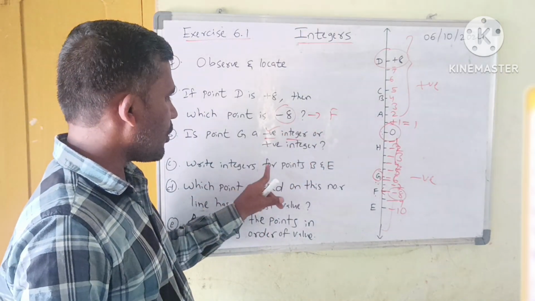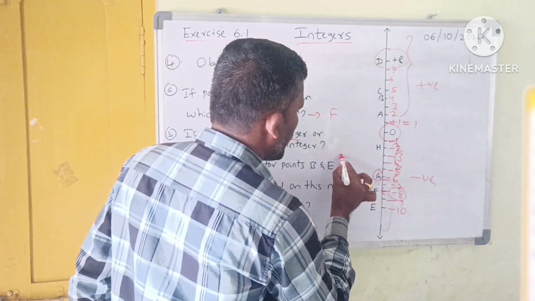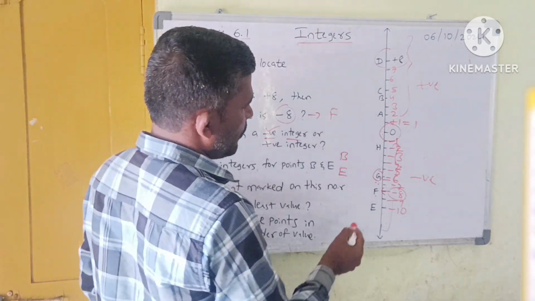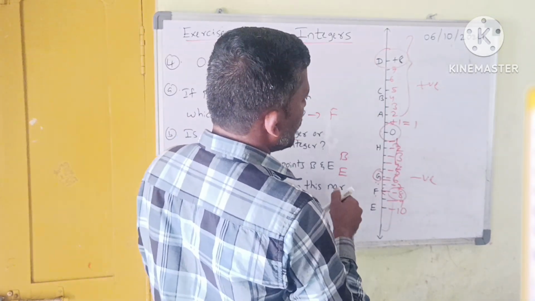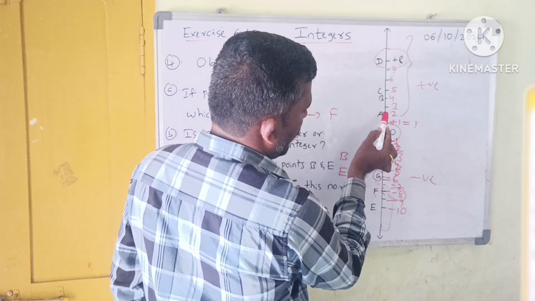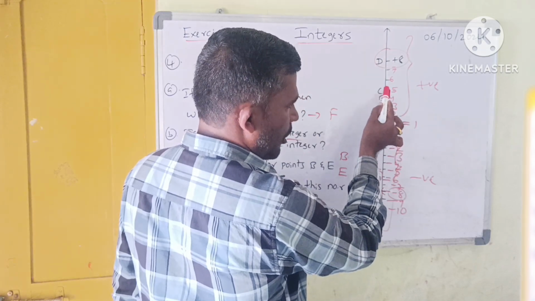Write integers for points B and E. What is being asked? What is B and what is E? So where is B here? E, F, G, H, A, B. So B is above the origin. Above the origin, all are positive.